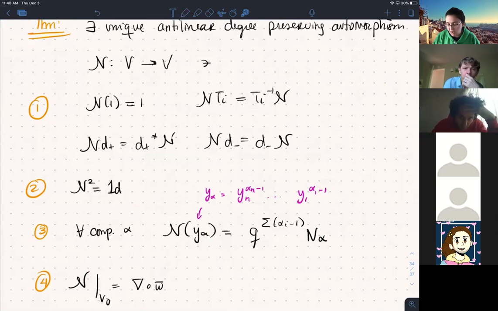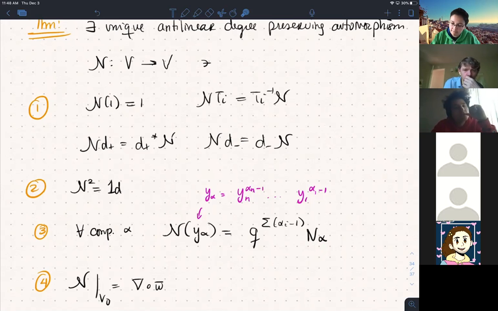Well, it turns out that if you act on this Y alpha by N, you get, modulo a constant of q, precisely this N alpha, this other operator that we saw previously that also satisfied very similar recursions, where this was basically eating these chi pi zeros, right? So what this is telling us is that this involution N is exchanging the Y alphas for this operator N.